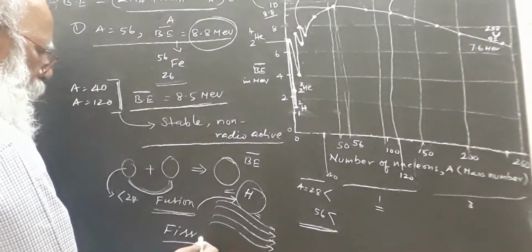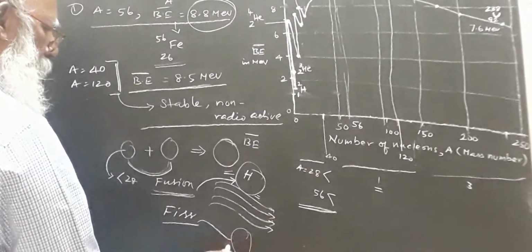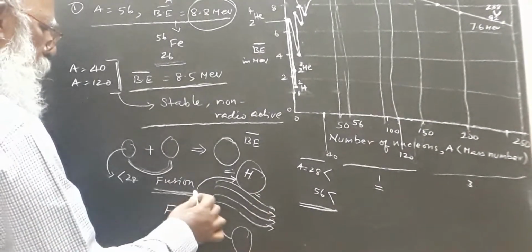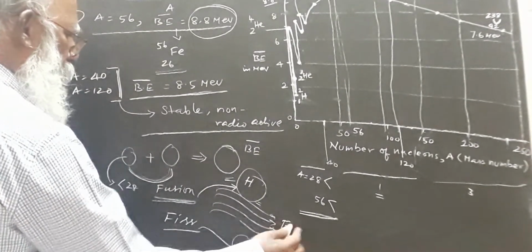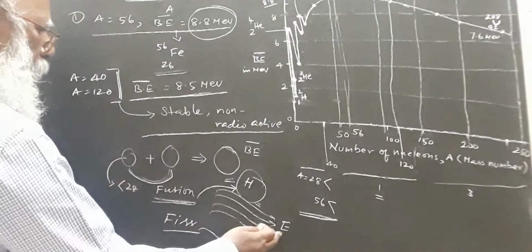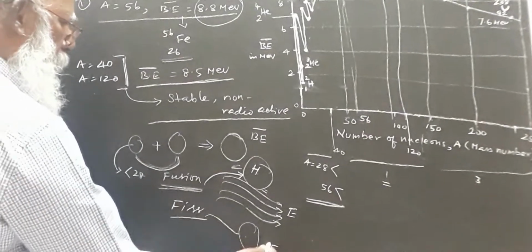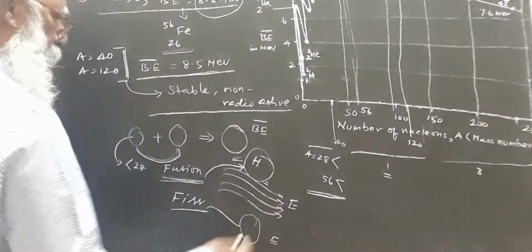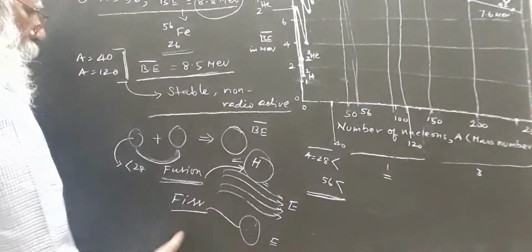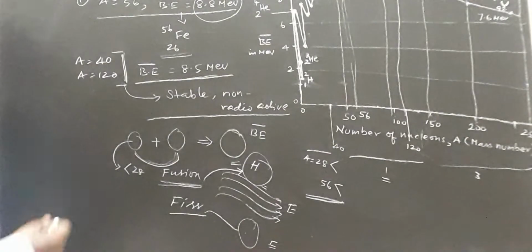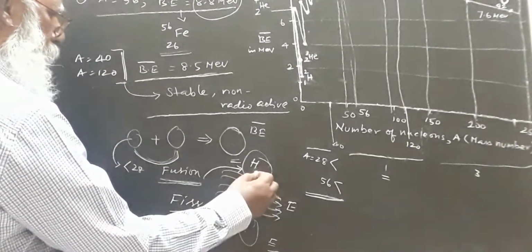When you say fission, there may be an atom bomb, not a hydrogen bomb. When you say fusion, there may be a hydrogen bomb. So the energy released during the fusion process is higher than the energy released in the atom bomb. That's a very important concept that you have to understand here. In World War One and World War Two, we utilized only the atom bomb, not the hydrogen bomb.